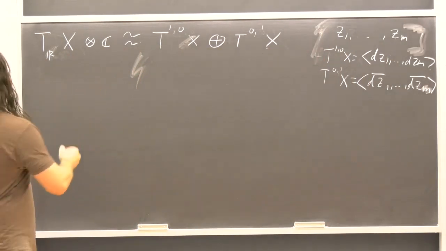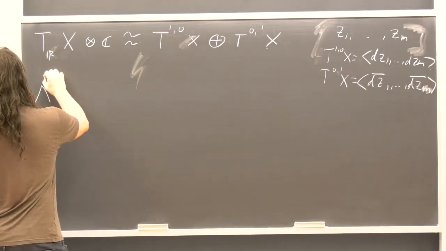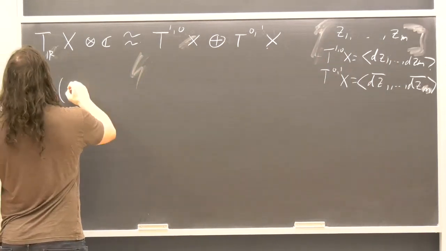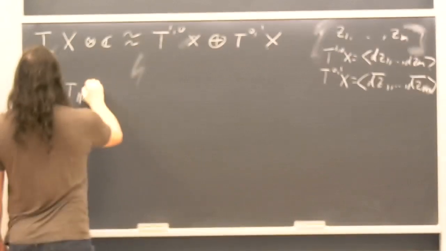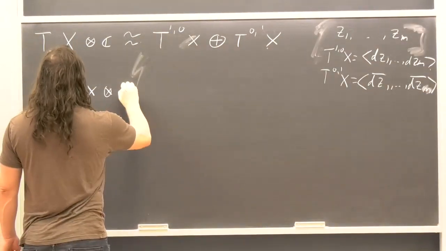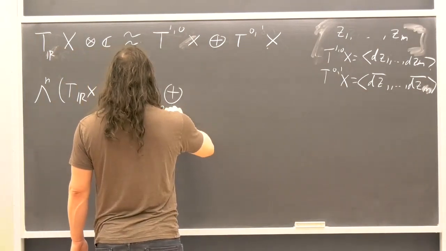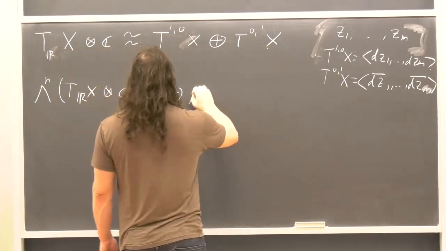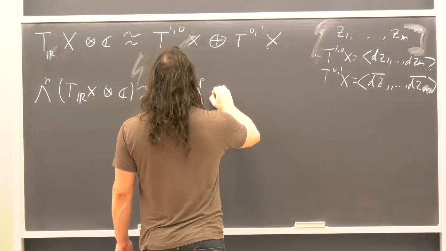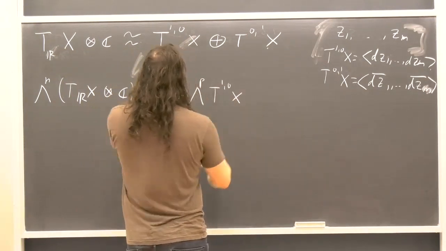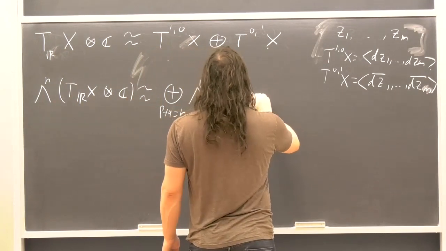And now we can take wedge powers. So if we take the nth wedge of this thing over here, we get this direct sum of the pth wedge of this space tensor the qth wedge of this space.